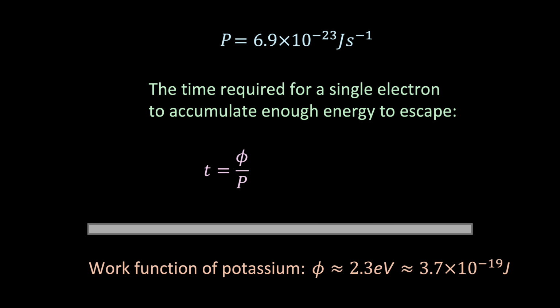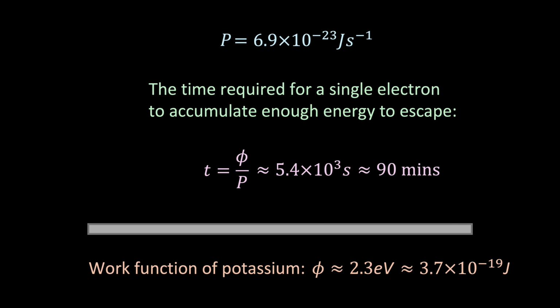This is equal to the work function divided by the power. And when we sub in the numbers, we find a value of 5.4 times 10 to the 3 seconds, which is about 90 minutes. And so, according to the classical picture, you would expect a slow, gradual build-up before emission, and no sharp frequency cutoff at all, just longer and longer waiting times at lower frequencies.